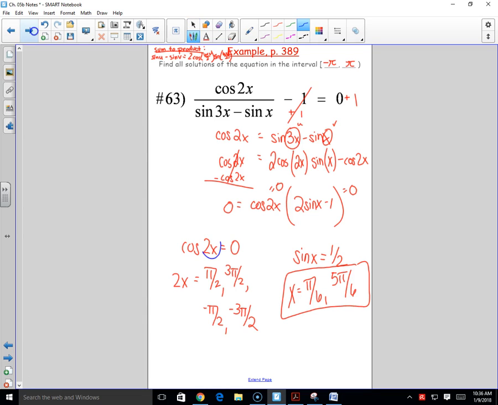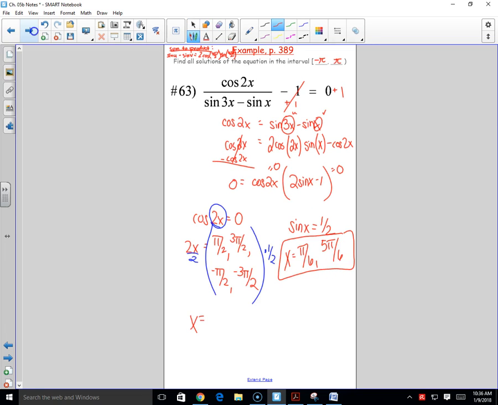Do you remember what we have to do when you cut everybody in half, when you multiply everybody by 1/2? Now they're fourths and now they fit. So you would end up with x equals plus or minus pi over 2 times 2, 4, and plus or minus 3 pi over 2 times 2.